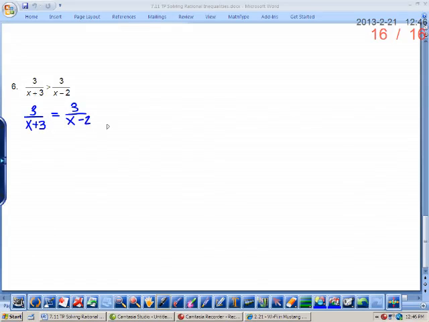What's our LCD? Okay. What's missing from our first fraction? So this becomes 3 times x minus 2. And what's missing from our next fraction? Good.